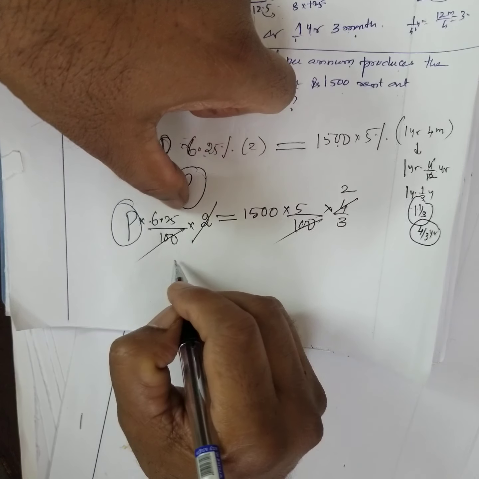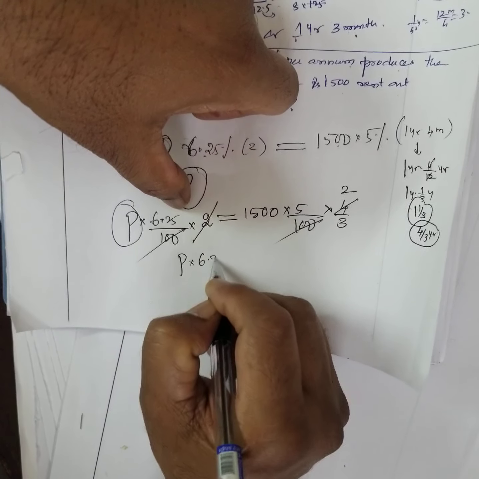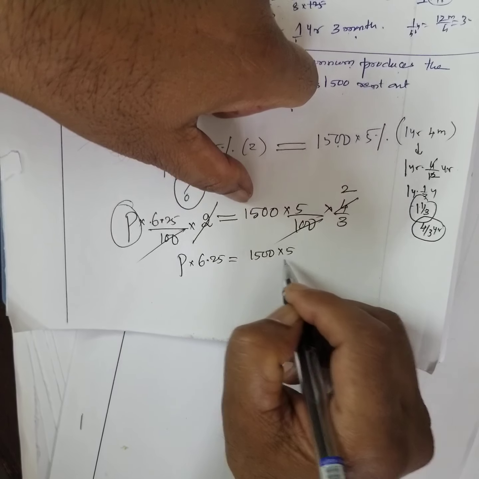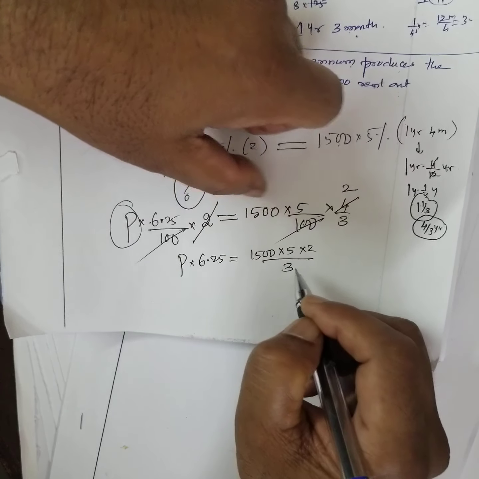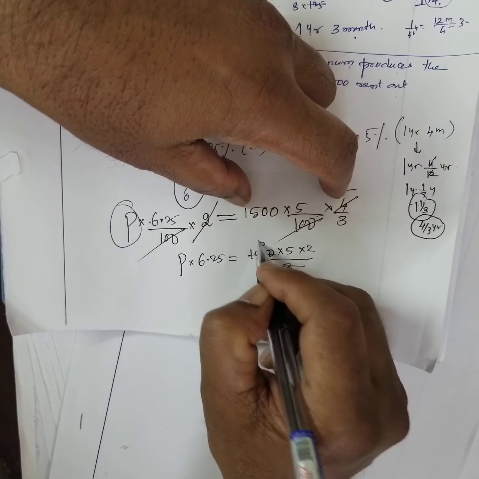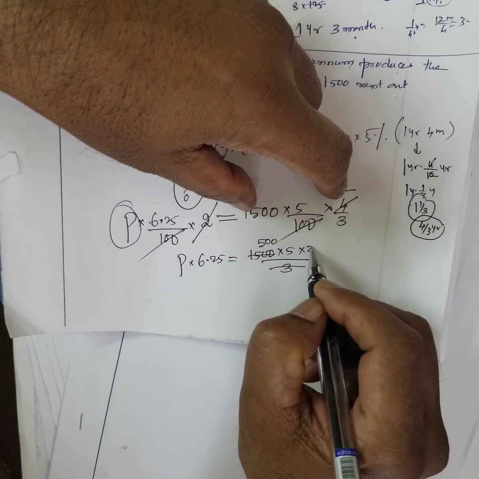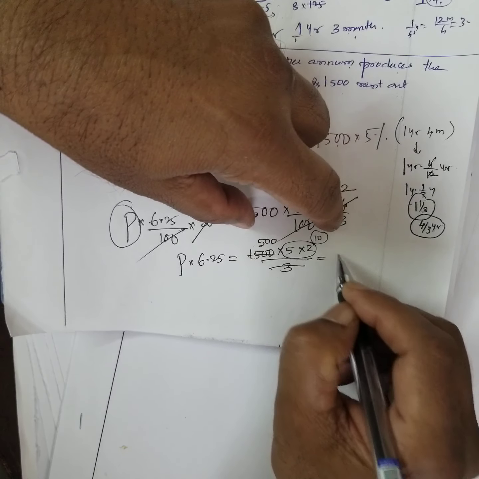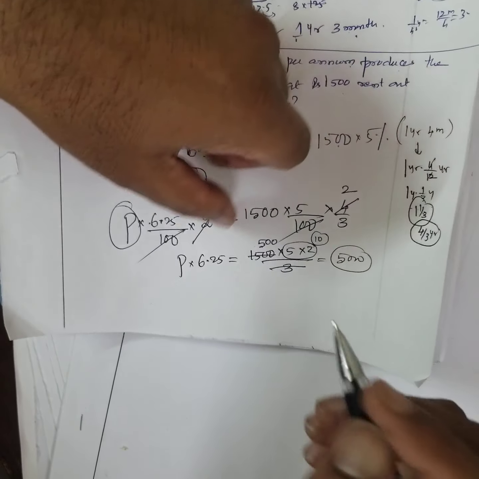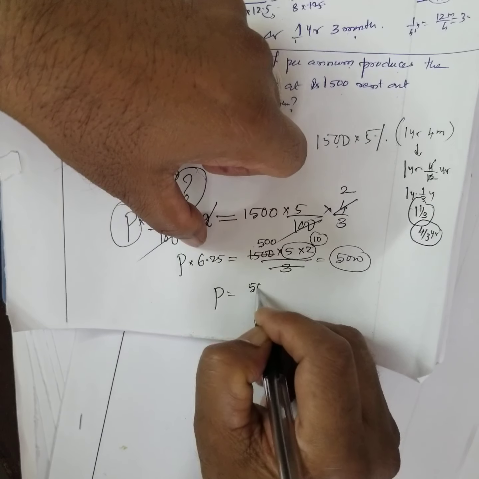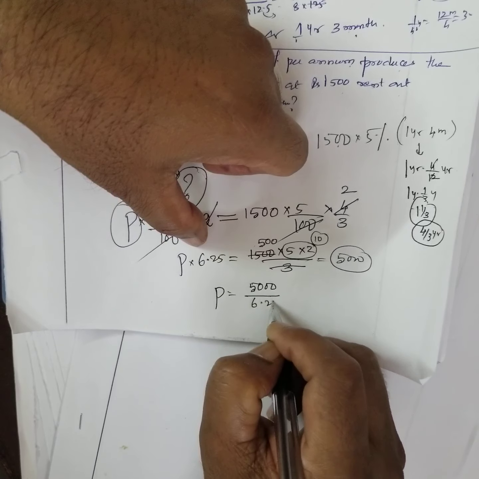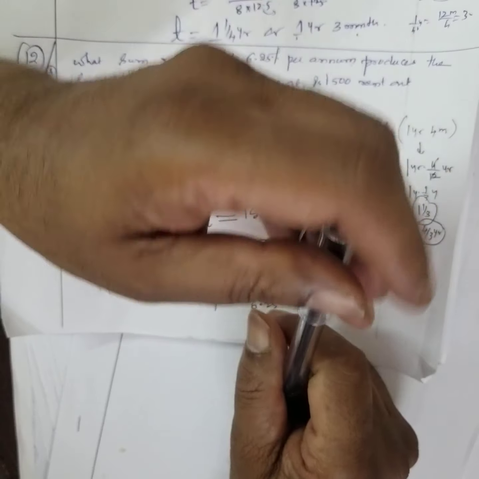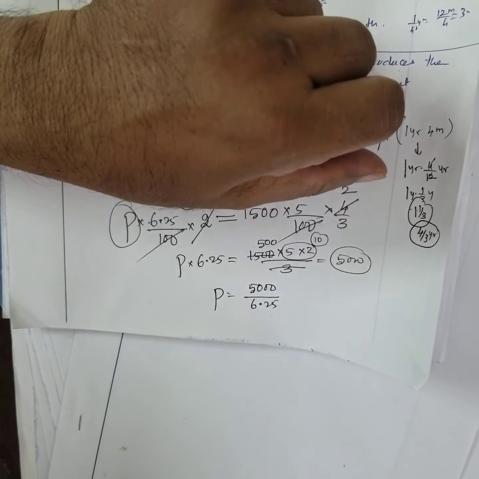Therefore, P into 6.25 is equal to 1500 into 5 by 3 into 2, which gives 5000. So P is equal to 5000 by 6.25.